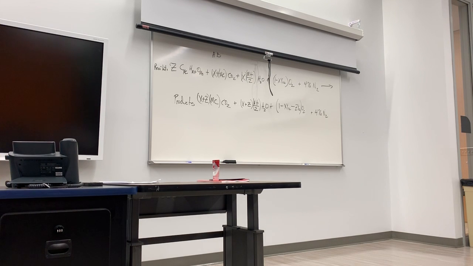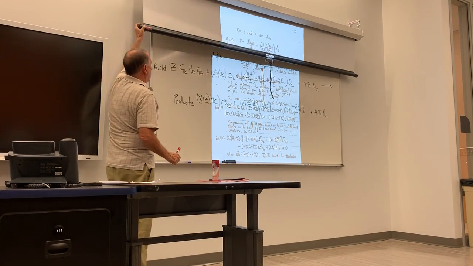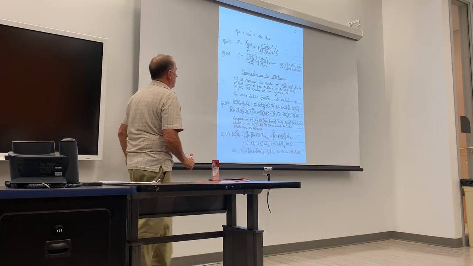So if you look at this equation right here, I'm able to do my mass balance by inspection. I can also do my conservation of energy by inspection. It follows that. Here's my conservation of mass, what I just wrote up on the board. You saw what I did, hopefully.